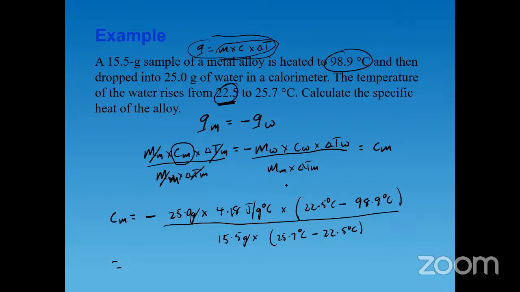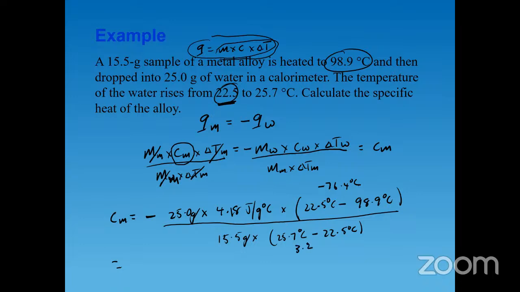In fact, what I'm going to do first is work out what's within the parentheses. So for the numerator, we have in parentheses 22.5 minus 98.9. And according to my calculation, I got minus 76.4 degrees Celsius. And then down here, it will be 25.7 minus 22.5. And according to my calculation, this works out to be 3.2.